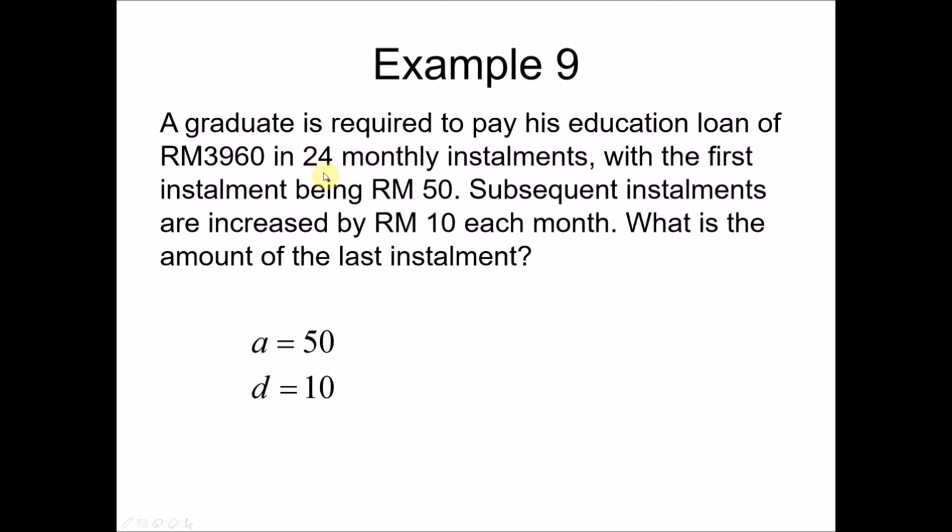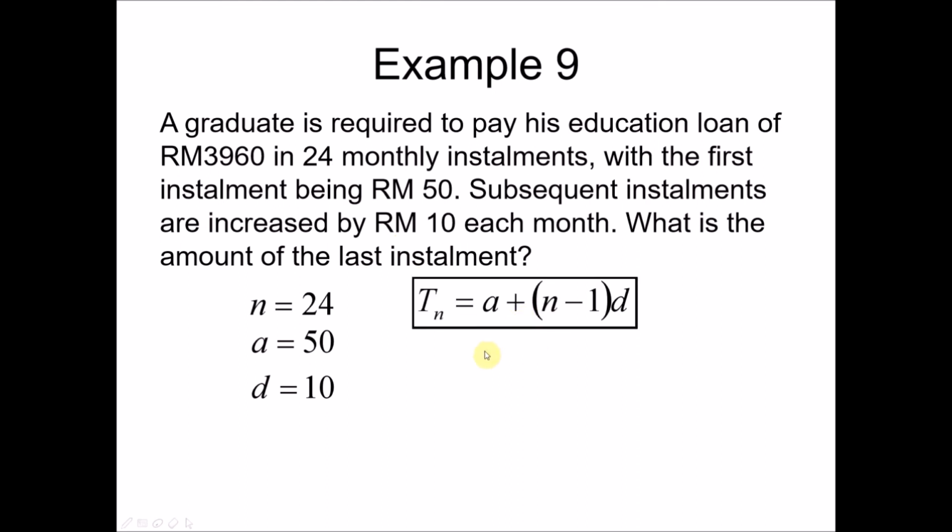There are altogether 24 installments, so N is 24, and we are looking for T24. We use this formula: T24 equals 50 plus 24 minus 1 times 10. Substituting in the values, we get 280.